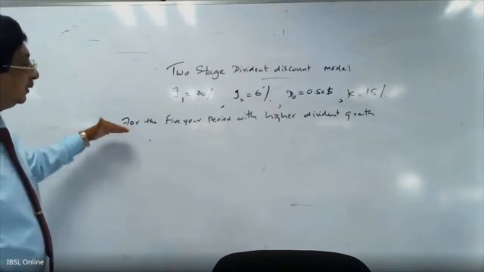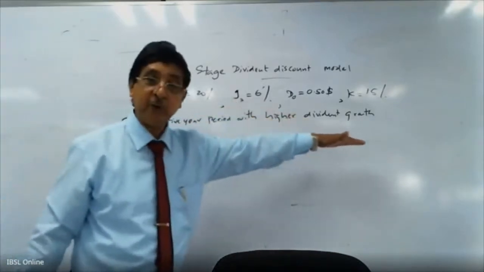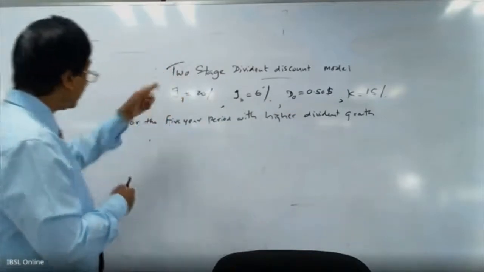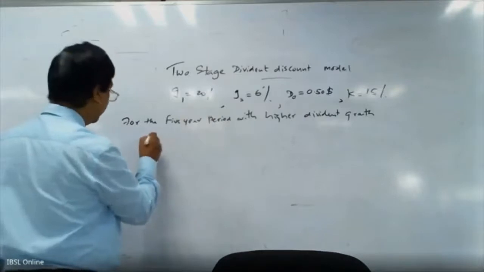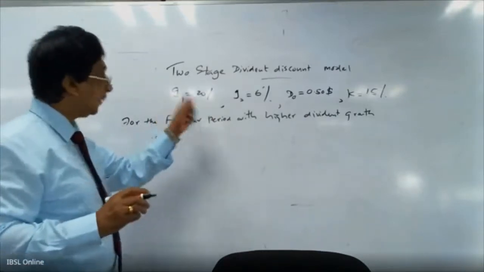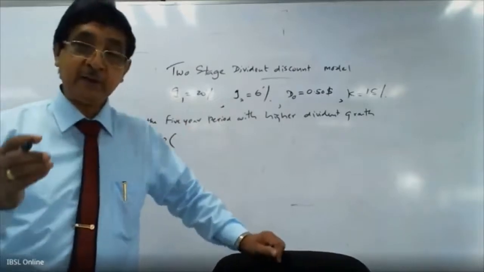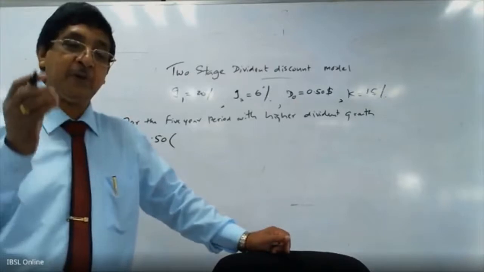Now the first stage is to calculate the cash flows for the first 5 years. Right. The first cash flow, that is the dividend D0, is 0.5 into 1 plus G1. G1 is 20%, which in decimal form is 0.2.